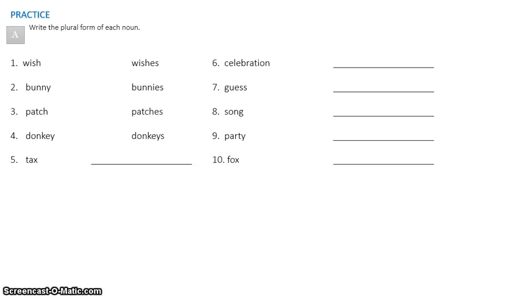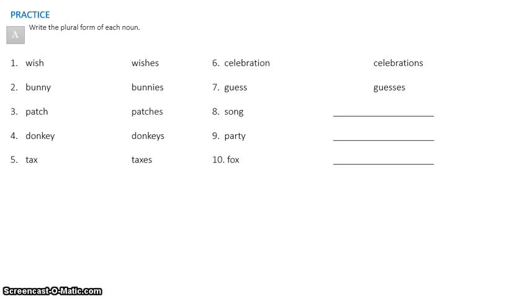I don't change it to I because it has a vowel before the Y. Number 5, it ends with an X, so all I need to do is add an ES. Taxes is T-A-X-E-S. Number 6, the word is celebration, so all you're going to do is add an S to the end of celebration. Number 7, it ends with SS, so the rule is that you add an ES.